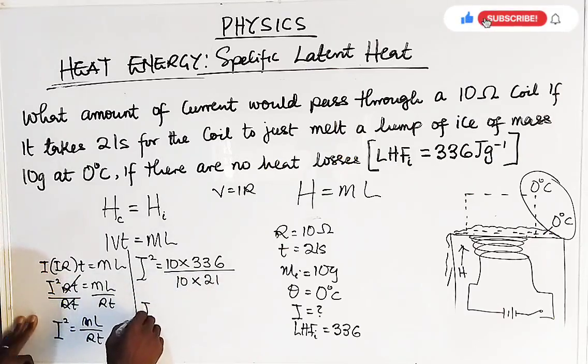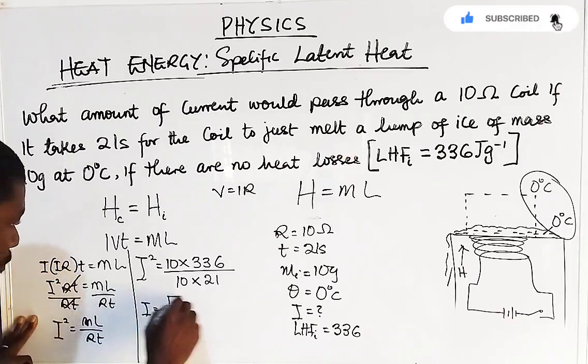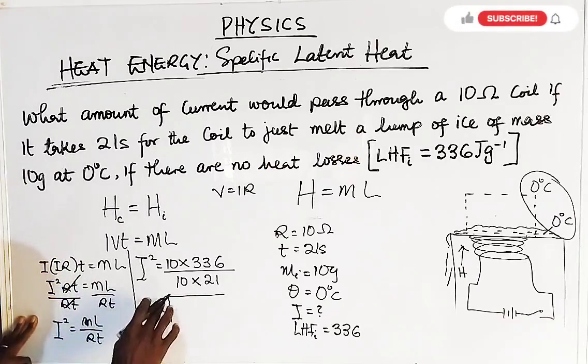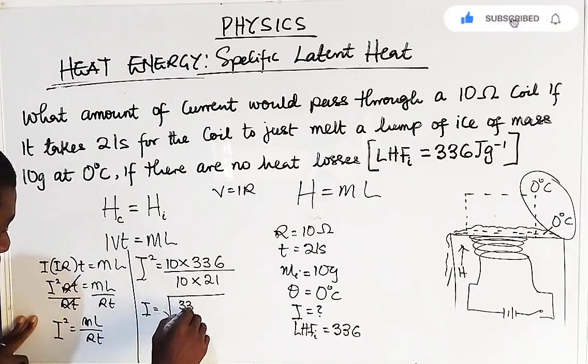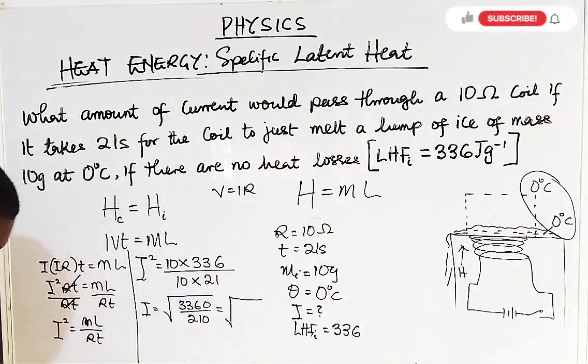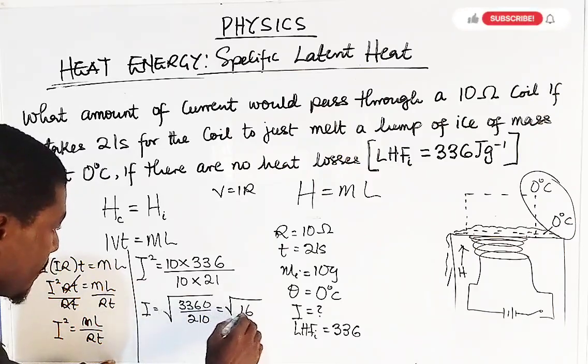Taking the square root, we ignore the negative root. So we have 3360 all over 210, which gives us 16.